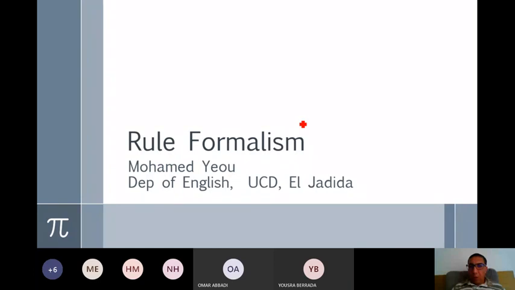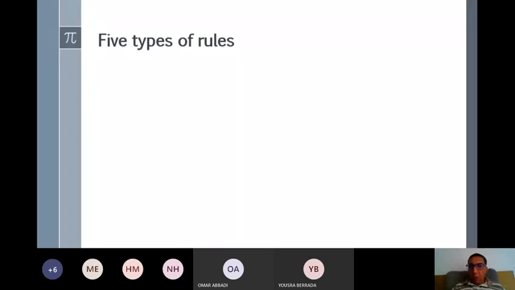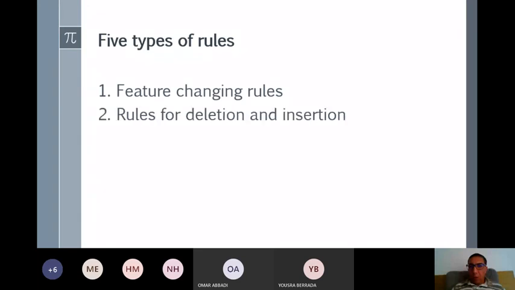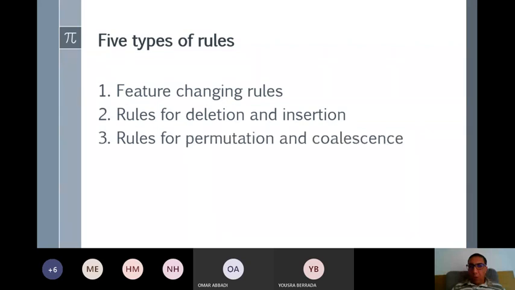We're going to see four types of rules. First, feature changing rules, rules for deletion and insertion, rules for permutation and coalescence, and rules with variables.